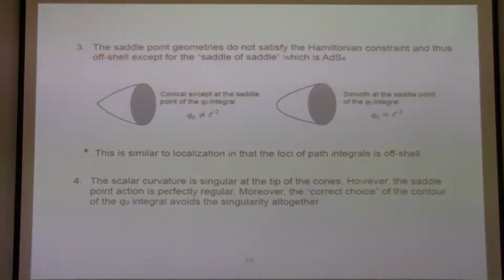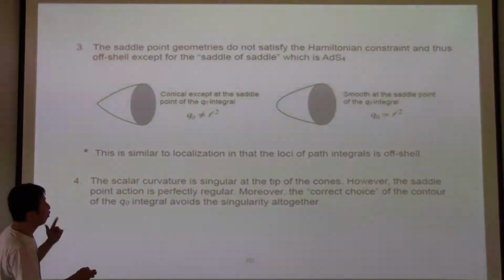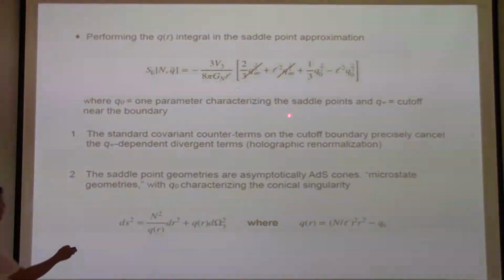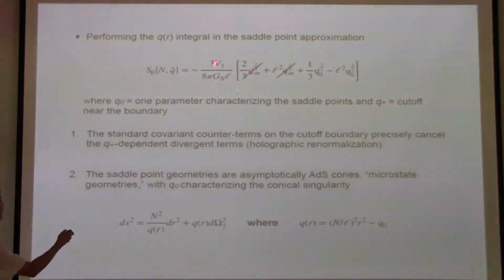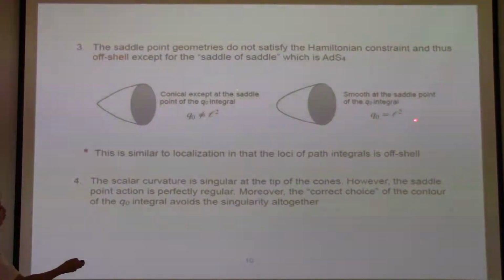Also, as it turns out, this is the saddle point of the saddle point. So what we're going to do is, we get this, and then we integrate Q naught. With this action, the saddle point is Q naught equal to L squared. This is AdS, but otherwise, it's conical. And so these geometries do not satisfy the Hamiltonian constraint.